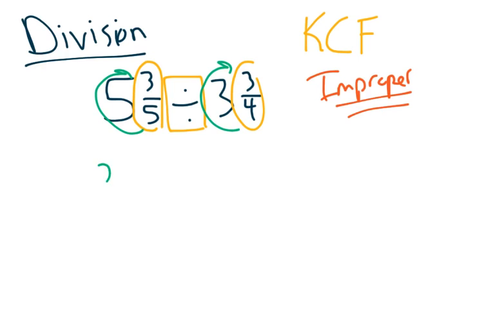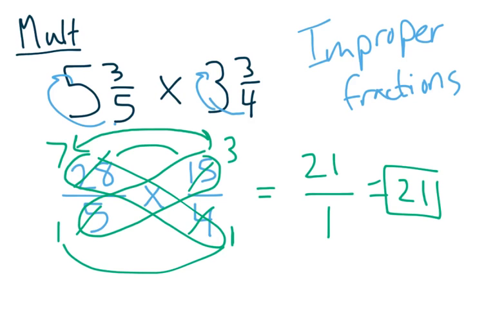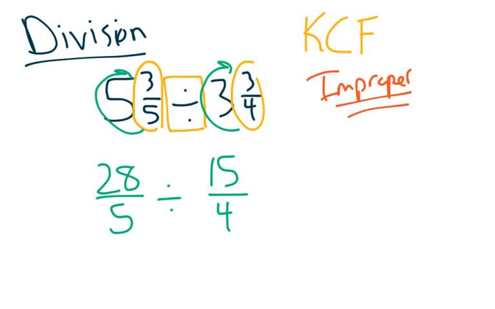And so we'll get 28 over 5 divided by 15 over 4. Now, we're going to be tempted to do what we did on this problem. We're going to see some stuff here, and we're going to think, I can simplify. You can't simplify yet because you have to do keep, change, flip.